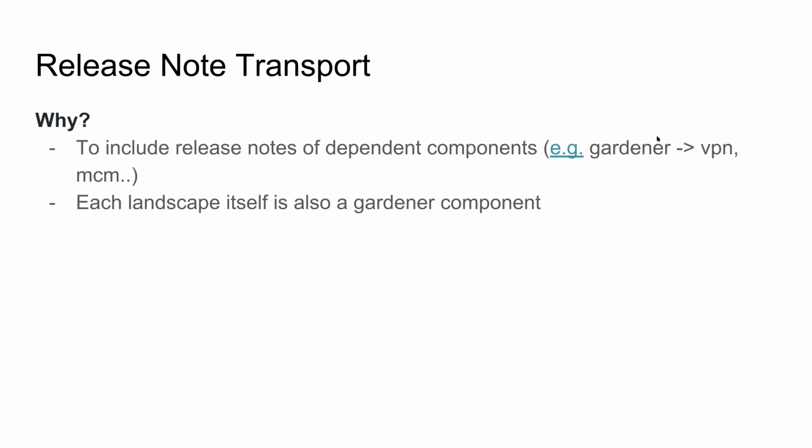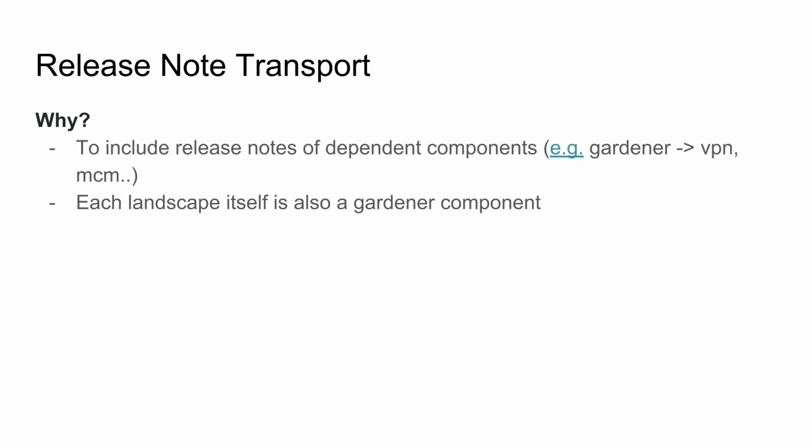Okay, and we also have built something to transport release notes. Why do we want to do that? We want to include release notes of dependent components in the target component. For example, the Gardener has a dependency to VPN or Machine Controller Manager and so on.